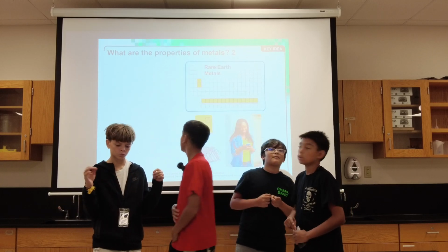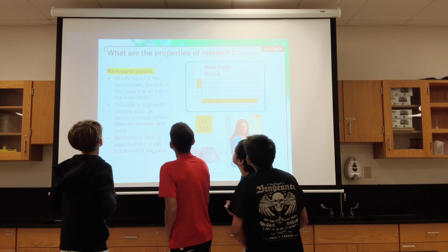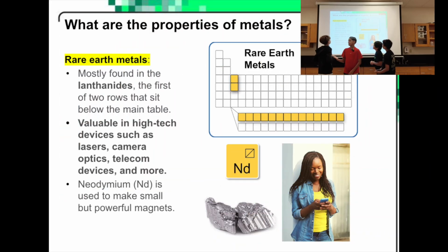Let's talk about rare earth metals. Okay. Liam, where can you find rare earth metals on the periodic table? At the bottom. Okay. And Ezekiel, what is an example of a rare earth metal? An example is like the phones that you use in your everyday life. Okay, and James, can you read it please for us? Yes, I can.